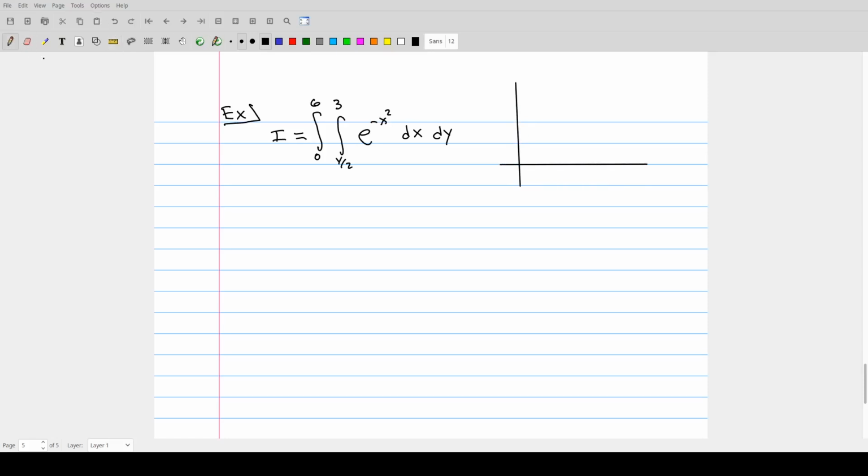So this domain is going from 0 to 6 in y. So I'll call this 3, I'll call this 6 right here. So if we're going from 0 to 6 in y, this is x, this is y. 0 to 6 in y, our lower bound is the curve x equals y over 2, and our upper bound is just the constant x value 3.